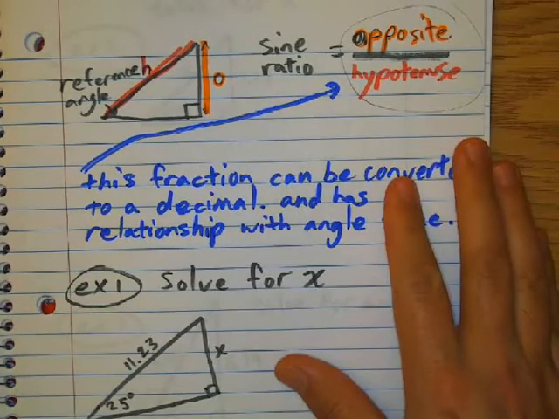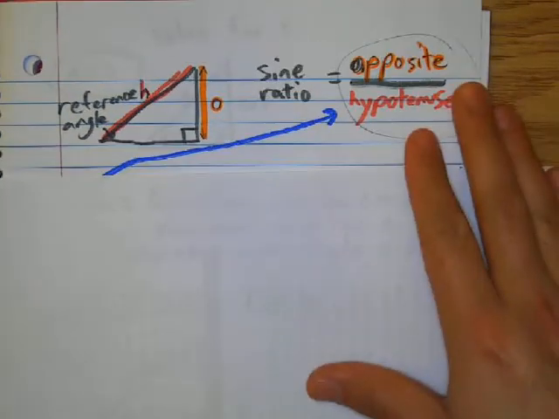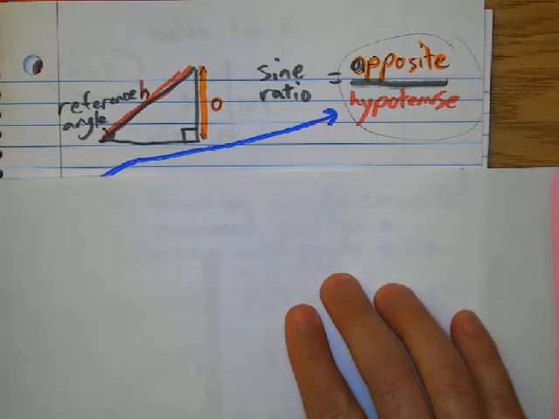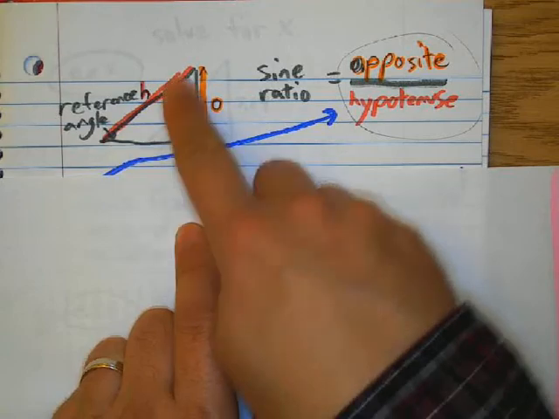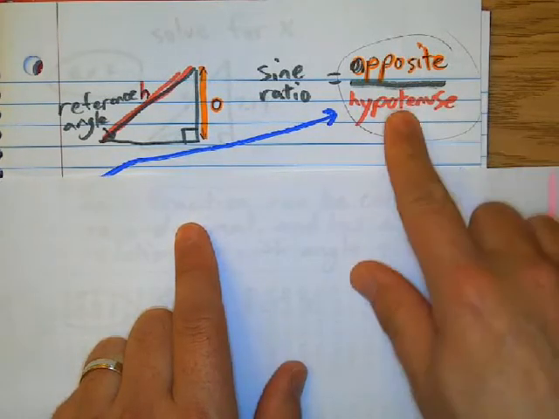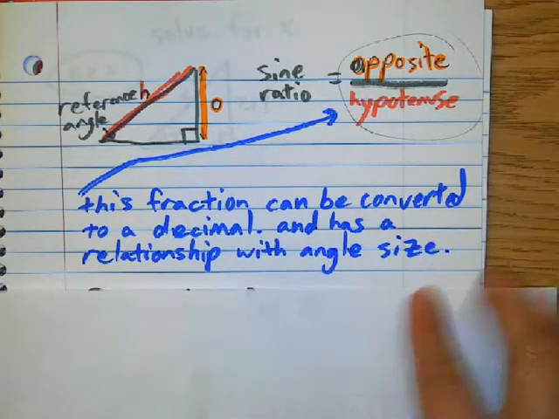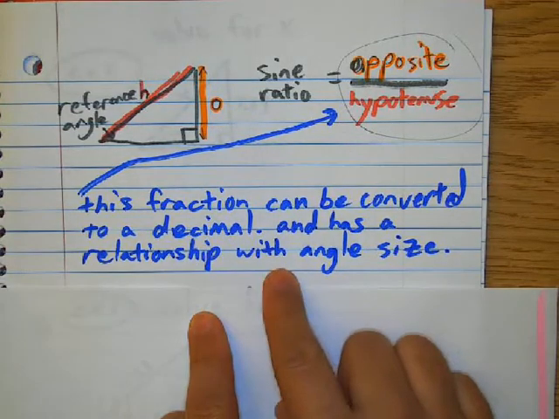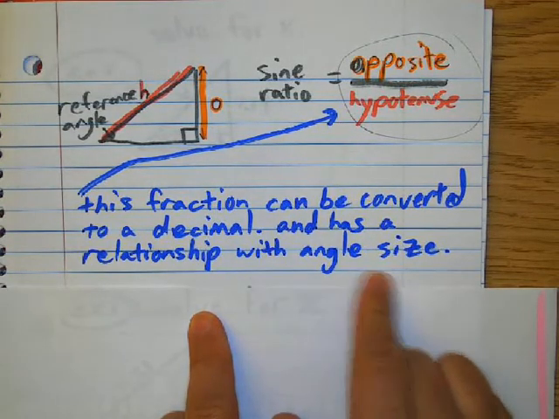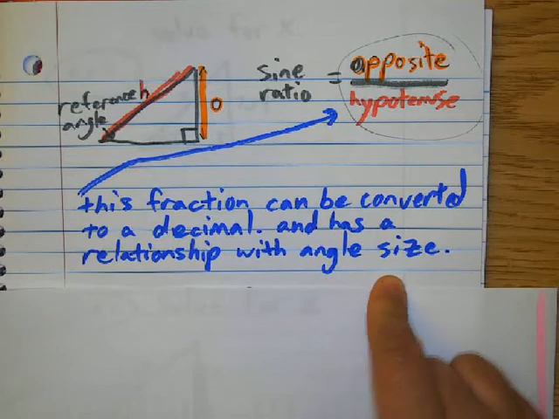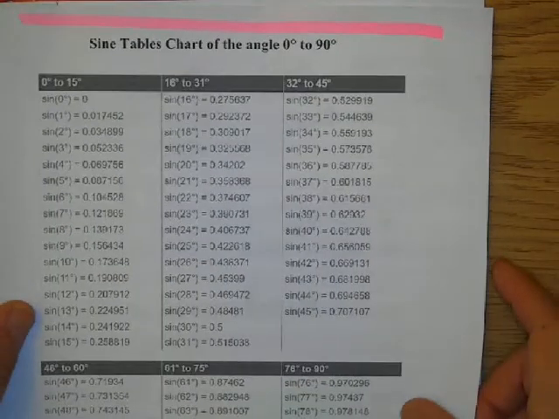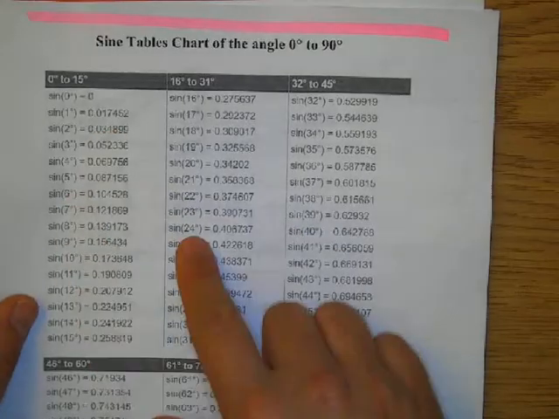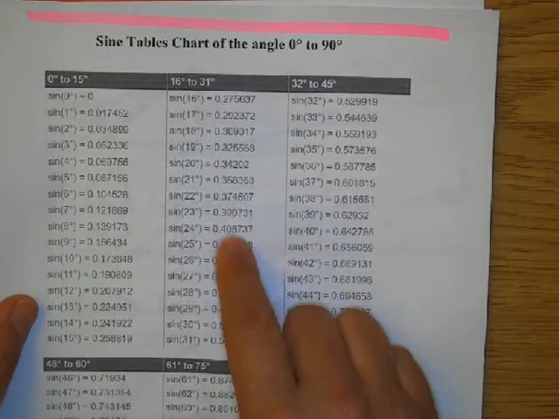Okay, so when we're dealing with sine ratios, the sine ratio deals with the opposite side divided by the hypotenuse. This ratio can be converted into a decimal, and this decimal has a relationship with the angle. There's a link in Canvas that will give you the relationship between an angle and the decimal.